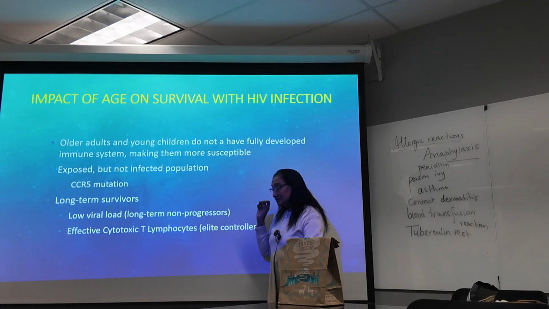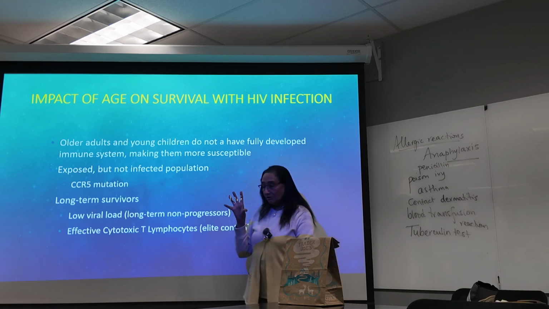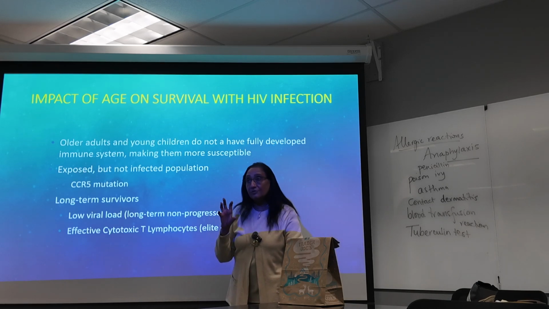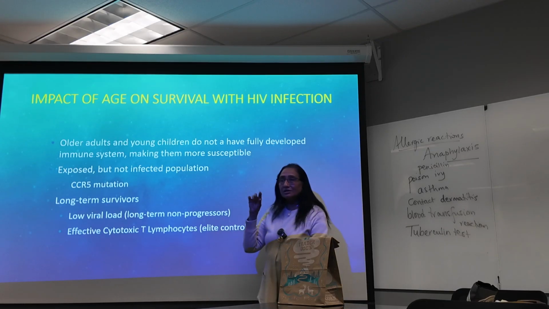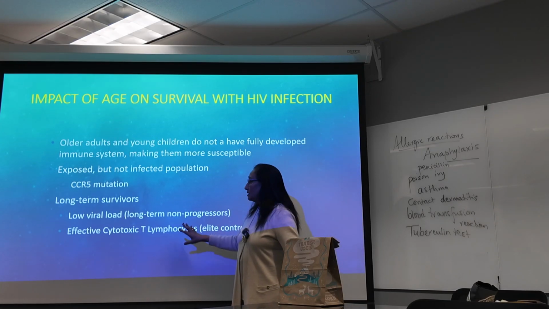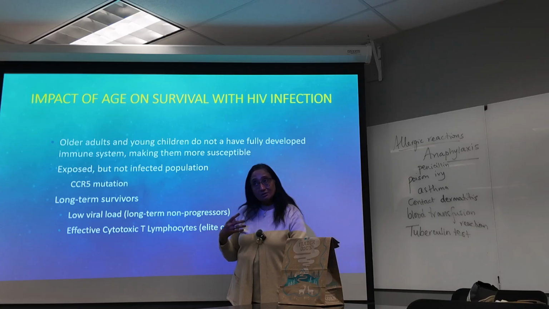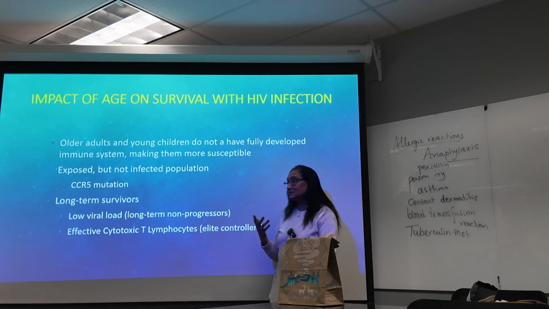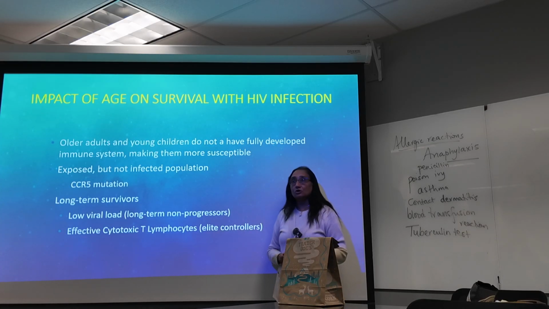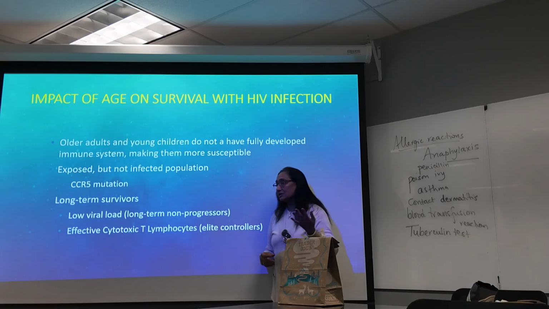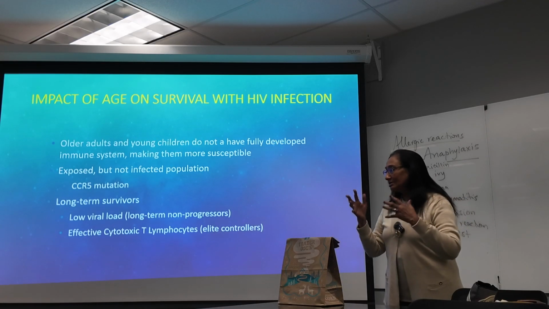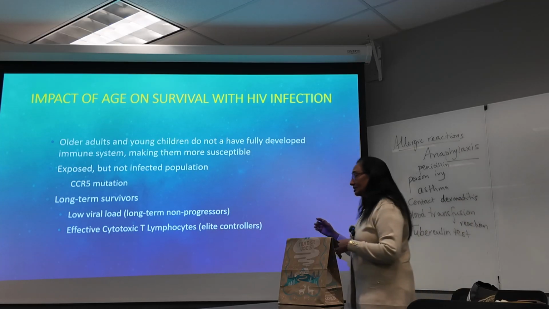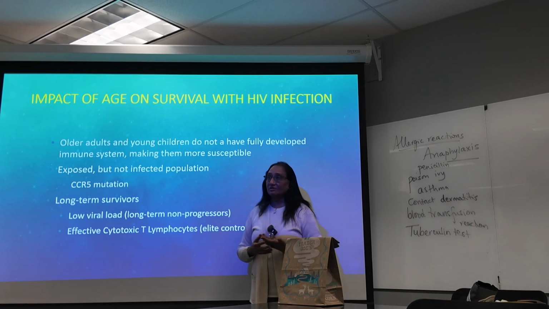They've also seen a population of women sex workers in one of the African countries who are exposed to HIV but somehow don't get infected at all, even though they have had sexual partners with HIV.